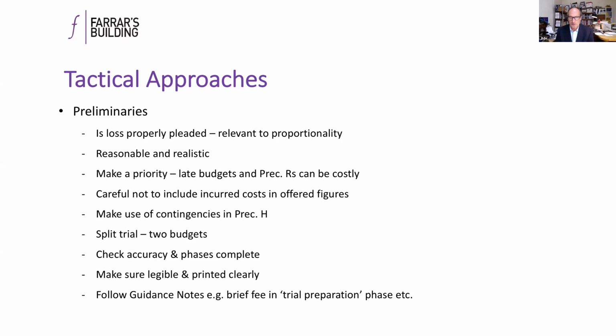Of course, you could use the experts phase, or you could use the contingencies phase. For example, if you don't agree that certain experts should be called, then don't put it in the experts phase, but put it in the contingencies, and then make it clear in the assumptions that it's only there because the other party is saying that expert is required.